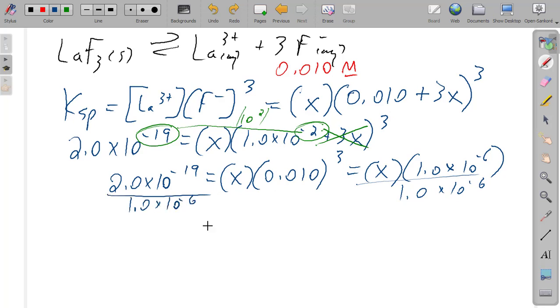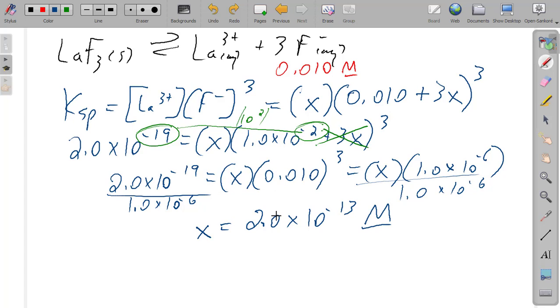And this is going to give you x equals 2.0 times 10 to the minus 13th. And again, we're talking about molarities. These x values in there are molarities. Do not forget, remember to put your molarity on the end there. And now, significant digits-wise, we had 2 there and 2 there, so of course we end up with 2 here.